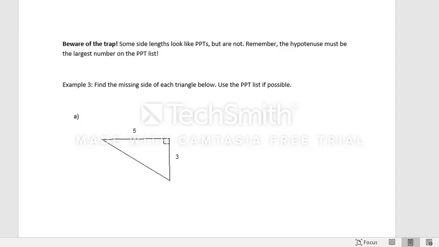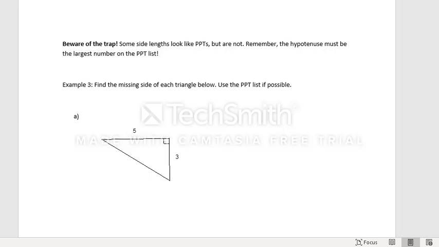The next key idea is to be aware of the trap. Just because it looks like a PPT doesn't mean it is. The hypotenuse is always the largest number, the one on the end. So if we look at this one, it looks like it should be a 3, 4, 5, but since this is the hypotenuse, it cannot be 4.